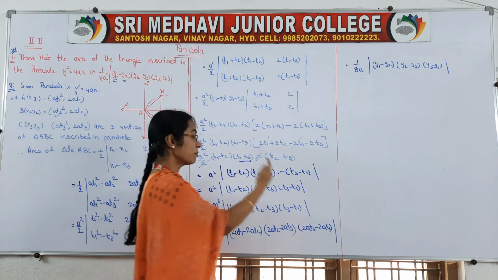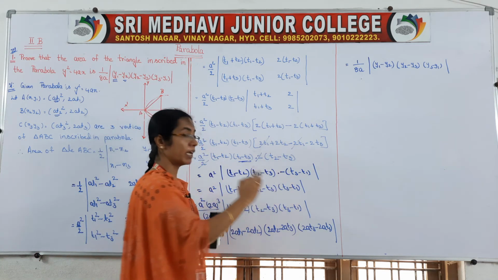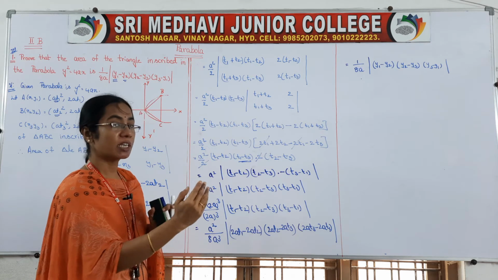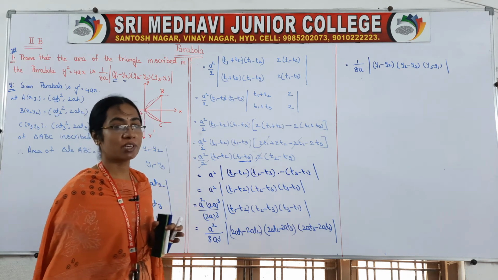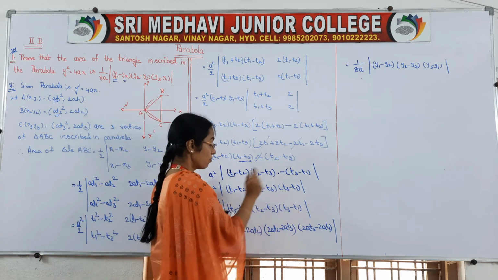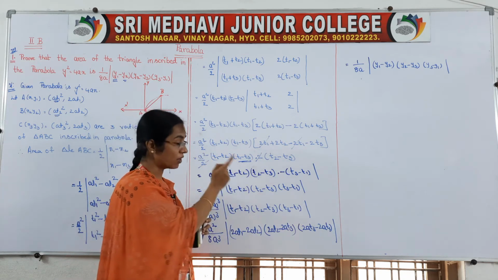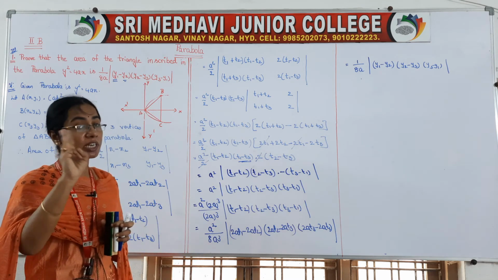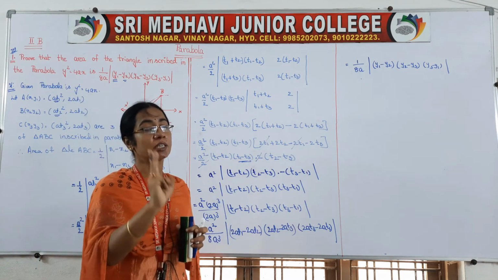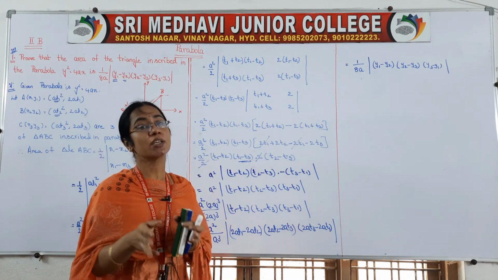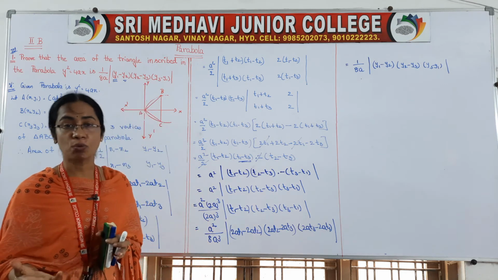Similarly, if you multiply this with 2a, 2at3 minus 2at1 gives the y3 minus y1 form. So for each of these three terms we need 2a. So we want three 2a's, that means 2a into 2a into 2a, that is (2a) cube, right.